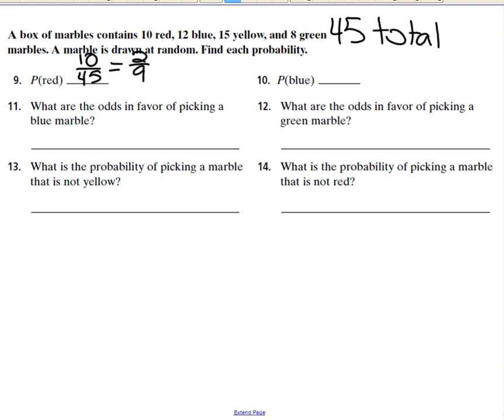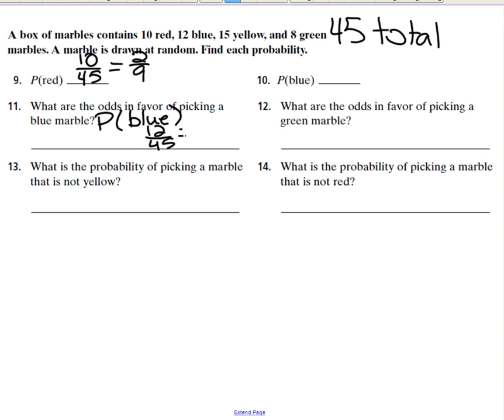Okay, number 11. What are the odds in favor of picking a blue marble? This is just a fancy way of saying what is the probability of getting a blue. So there are 12 blue out of 45.